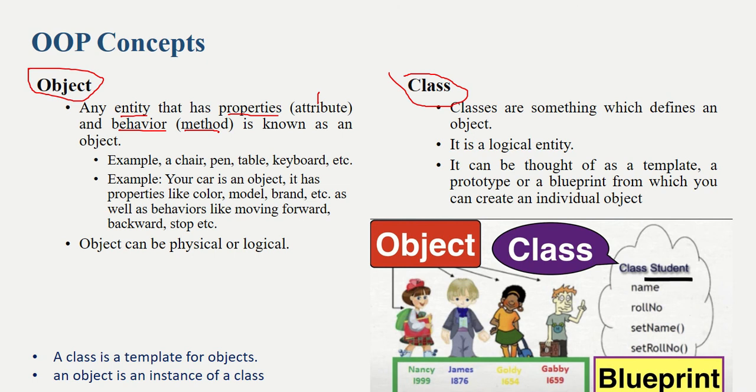We call it an object. For example, a chair, a pen, a table, a keyboard, anything around you. Look at the real world, anything around you is considered an object. We took this concept from real life and applied it to object-oriented programming. Another example is a car.